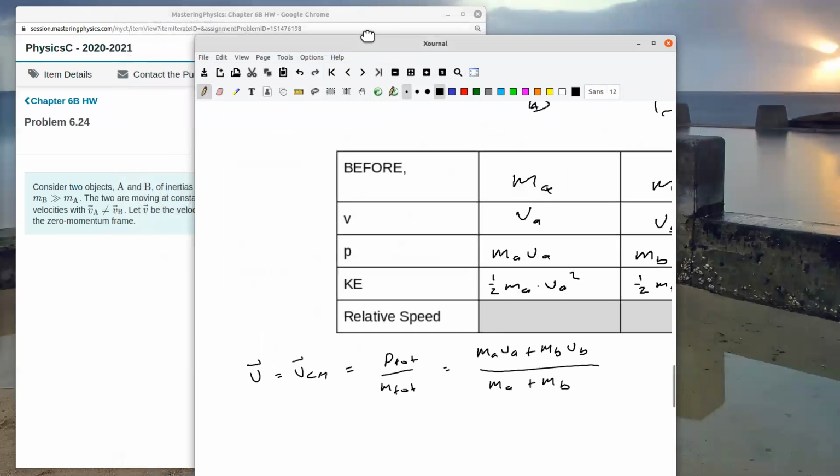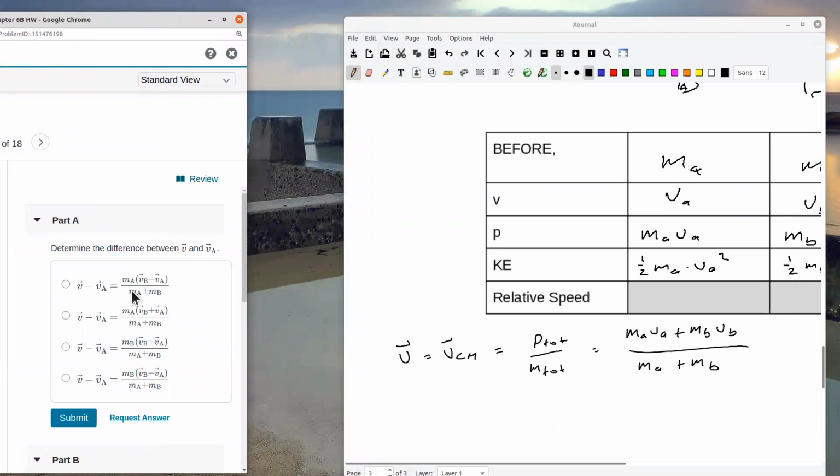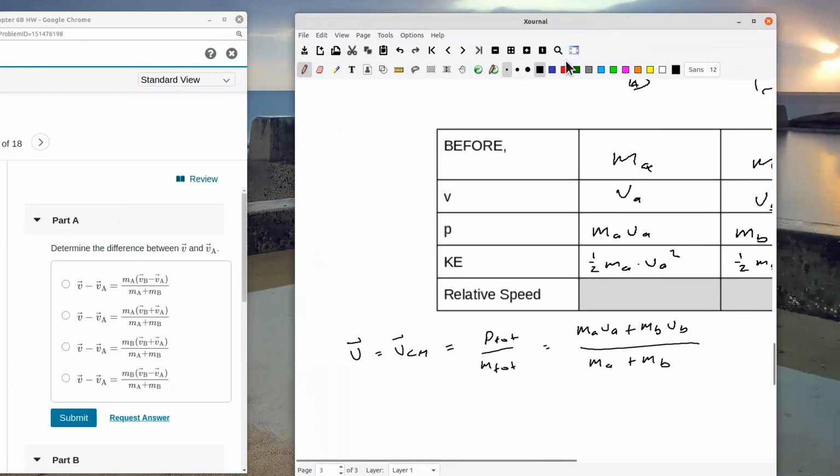Okay, next, it's asking us this weird sort of question that I know we're not used to. What's the difference between that and VA? Well, the difference is that minus VA. So V minus VA is equal to MA VA plus MB VB over MA plus MB, minus VA.